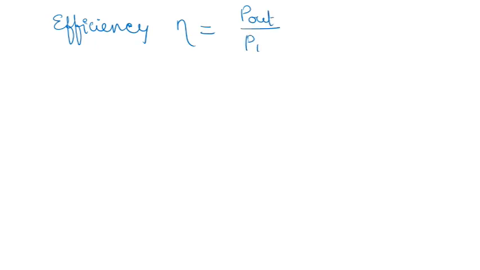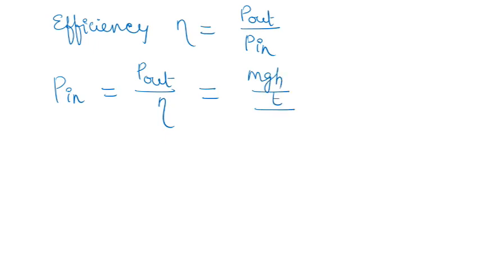Efficiency eta is equal to output power by input power. So input power is equal to output power by eta. So that is equal to mgh by t by eta, which can be written as mgh by eta into t.